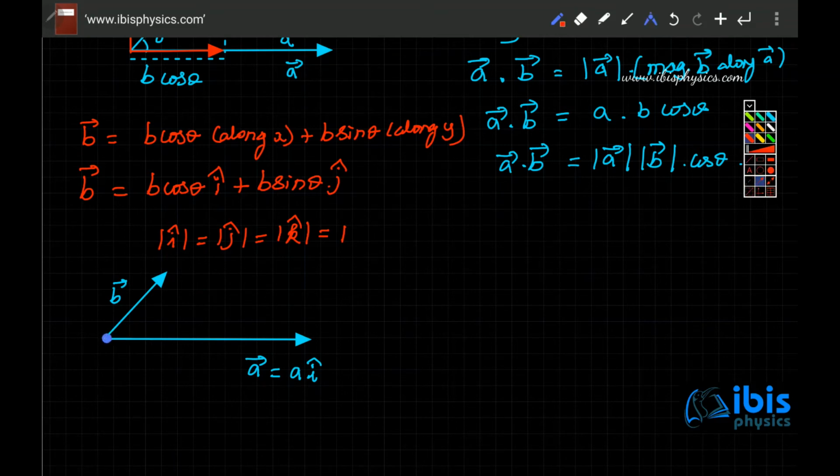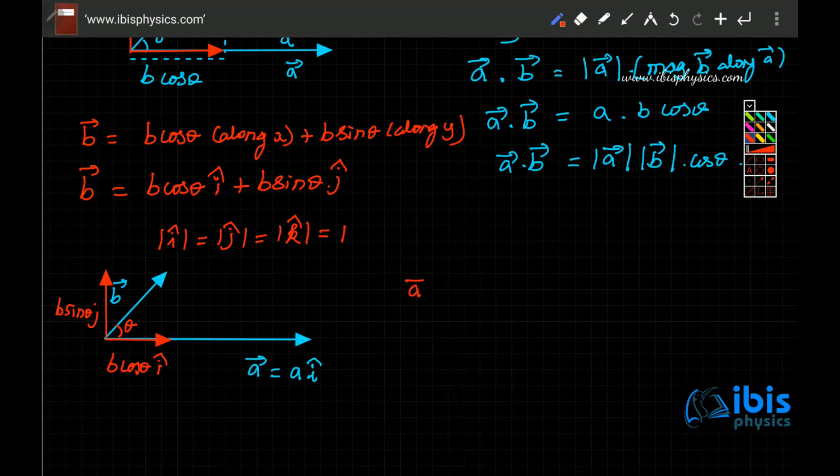B along the x-axis is B cos theta, and B along the y-axis is B sin theta, because this angle is theta. So this is B cos theta along the x-axis, B sin theta along the y-axis.